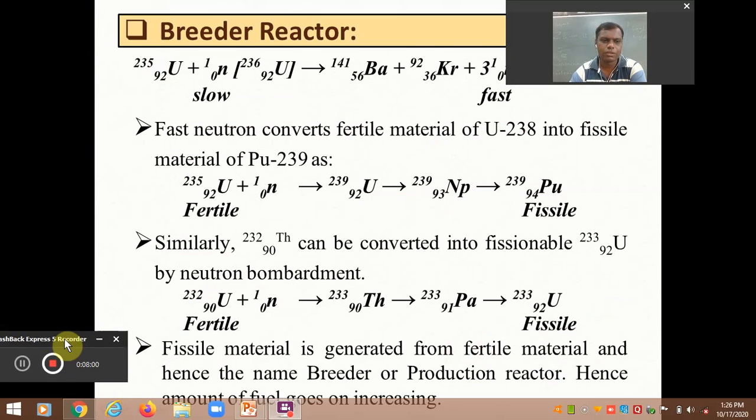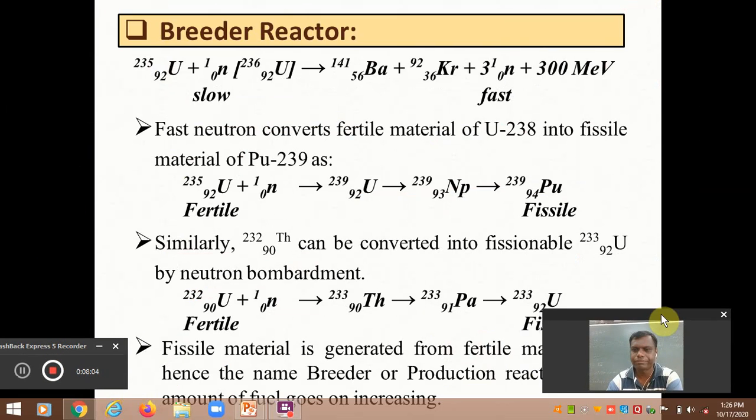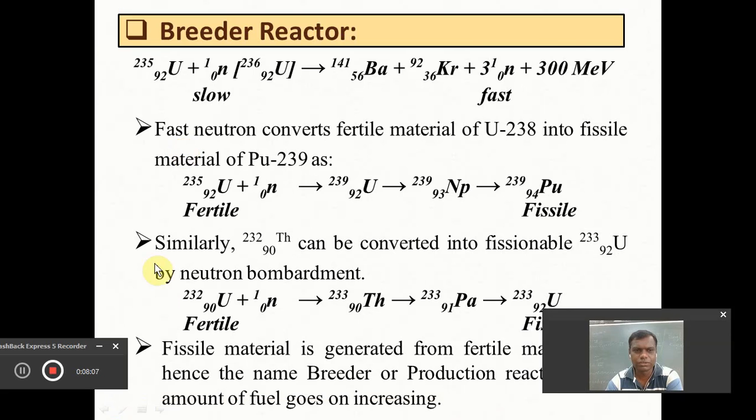Here these fast neutrons which are formed in this nuclear fission can be used to convert the fertile material uranium 238 into fissile material.